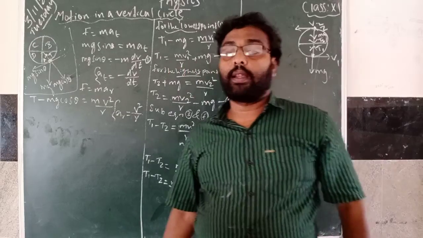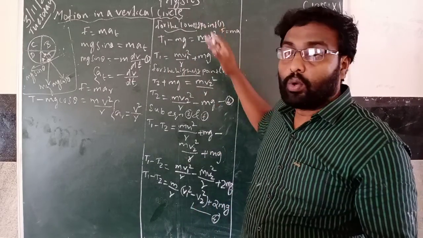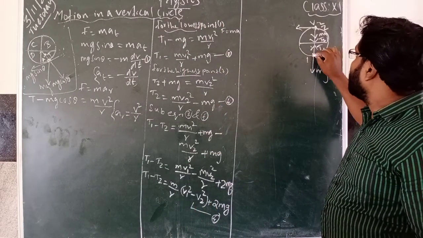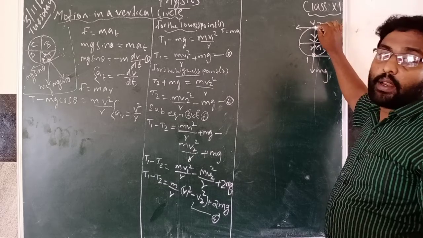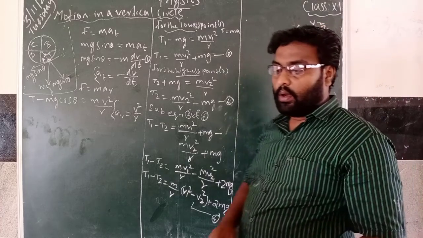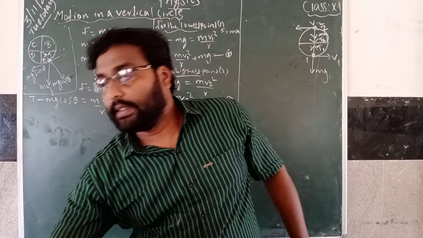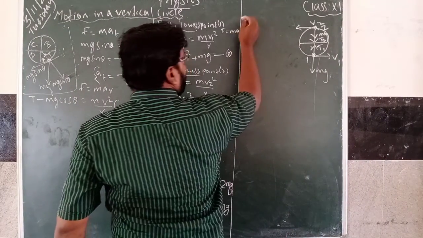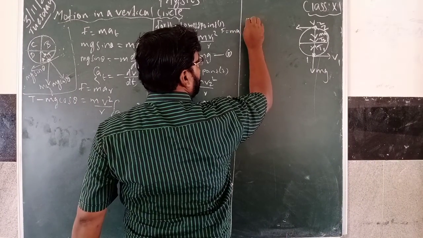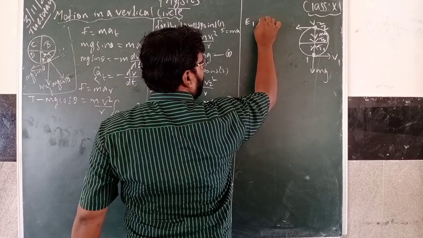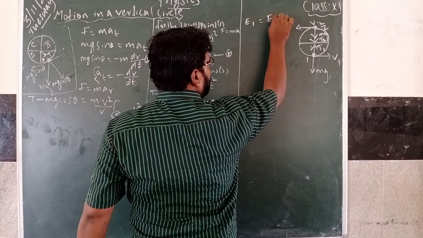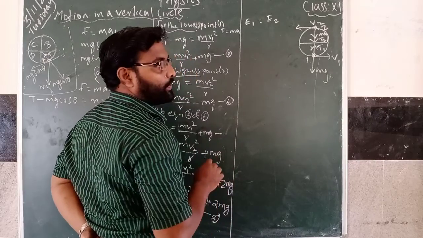Now we know that according to law of conservation of energy, total energy at the point 1 will be same as the total energy at the point 2. So energy at this point and energy at this point should be equal. So we can find out the energy. According to law of conservation of energy, energy at position 1 is equal to total energy at position 2.